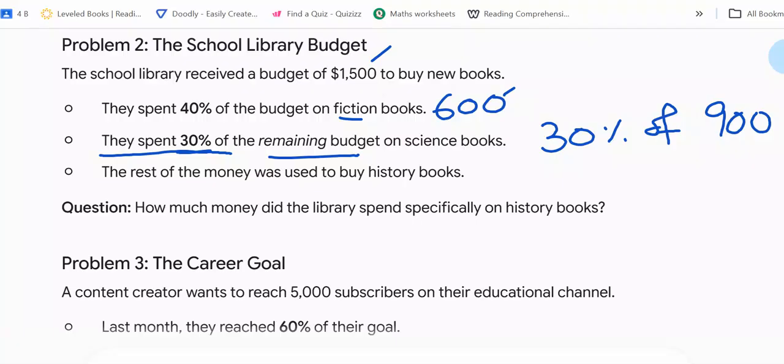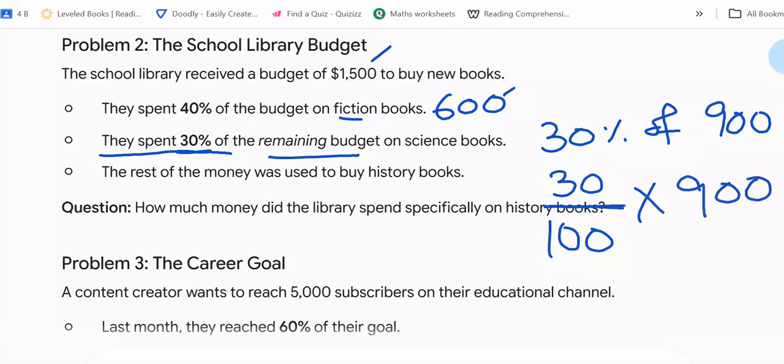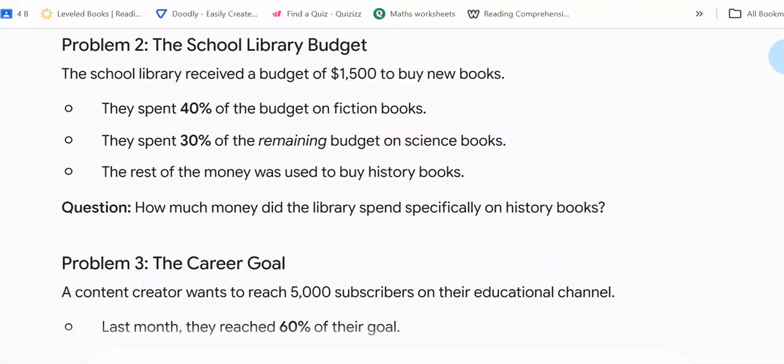And if we will not do step by step or if we will miss any step, then our answer would be wrong. Okay, so percentage sign will be changed into a fraction line over 100 times 900. So these 2 zeros will cut these 2 zeros, and 9 3 times is 27, and 0 will be added on as it is. So it means they will spend $270 on science books.